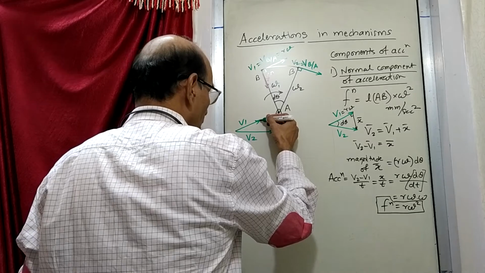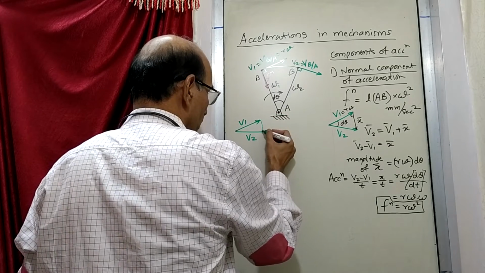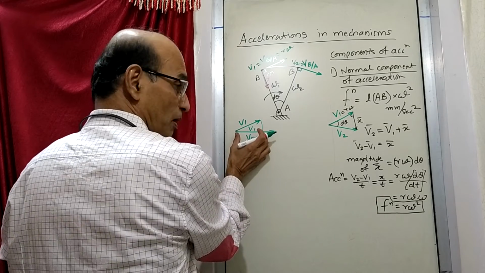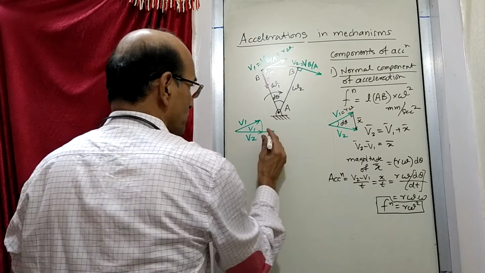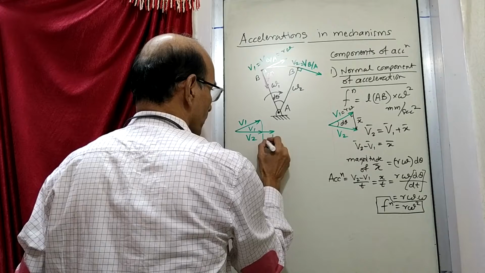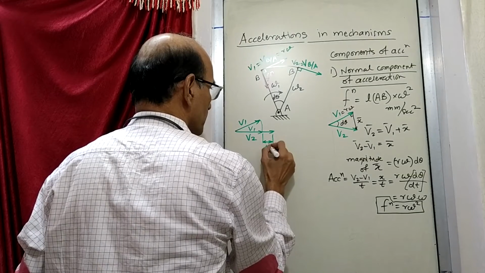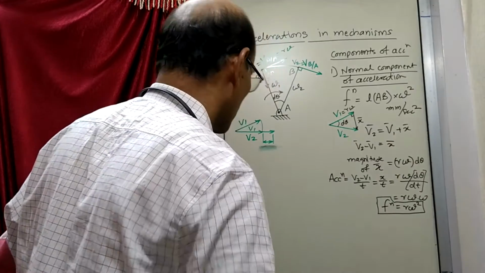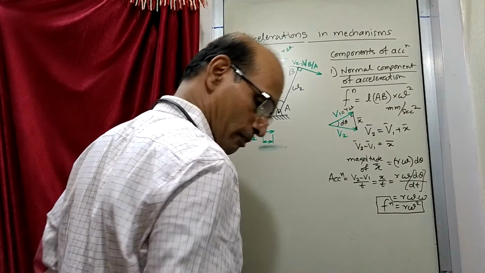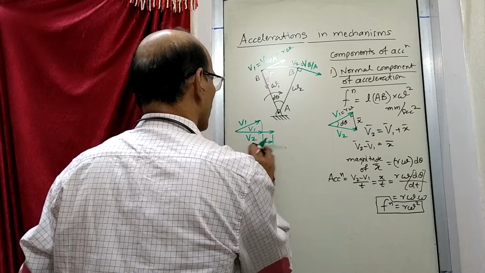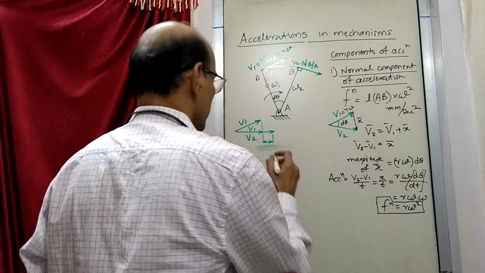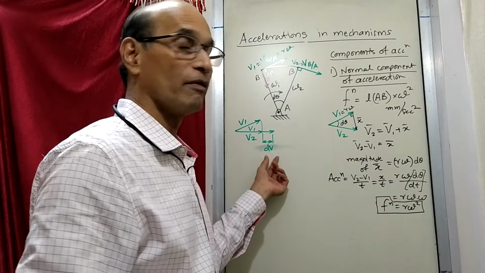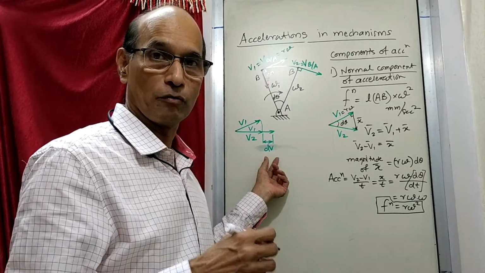So suppose I draw, just show this initial vector here. So V1 was here this much and V2 is this much. So this is the difference. I will call this difference delta V. So this is a change in the velocity. Now this change in velocity means change in the magnitude of velocity.